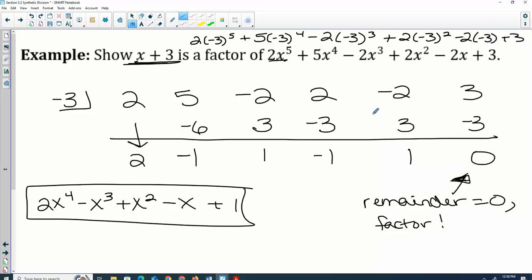If you plug in -3 for all of your x's, what do you get? Zero. Where did we see 0? The remainder. So if all I care about is the remainder, I could do synthetic division or I could just plug that number in. So that is a very helpful trick.